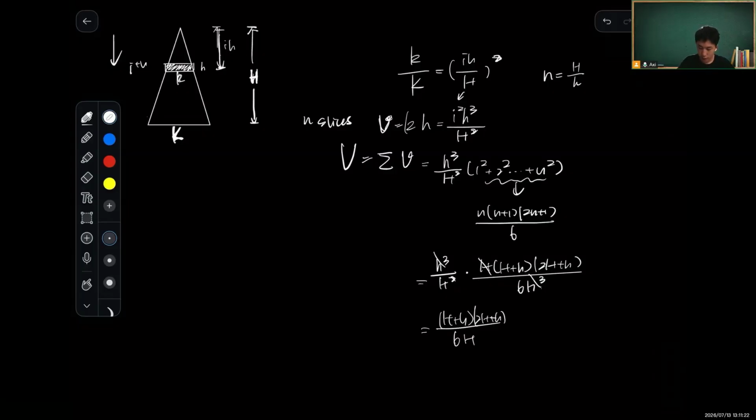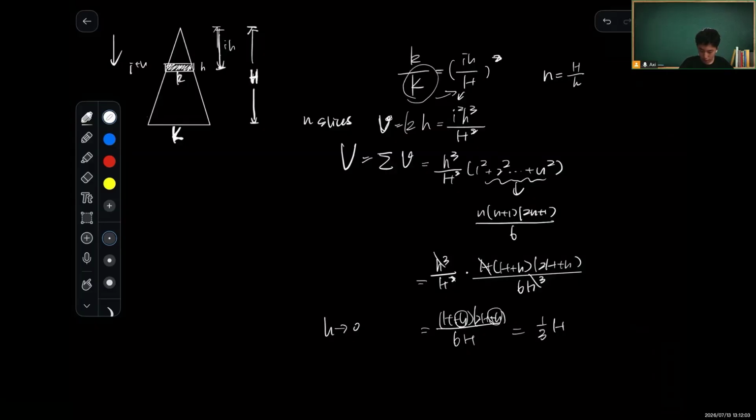And remember, we are taking h as infinitely small. So in that sense, this term doesn't matter, this term doesn't matter, so the expression simplifies down to 1 over 3 big H. And I forgot to multiply a big K here, so this term should move to the right.